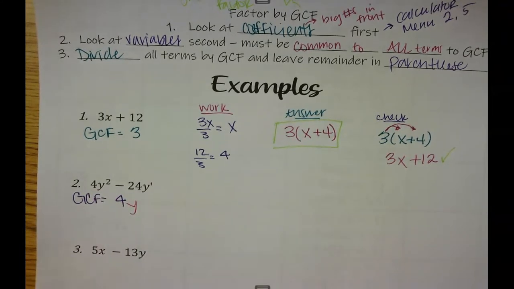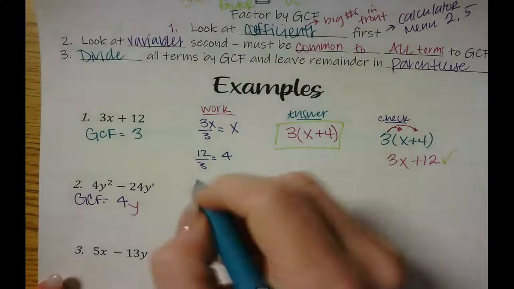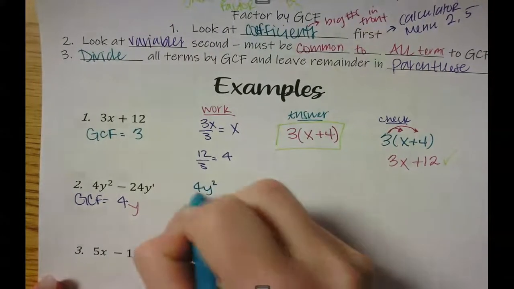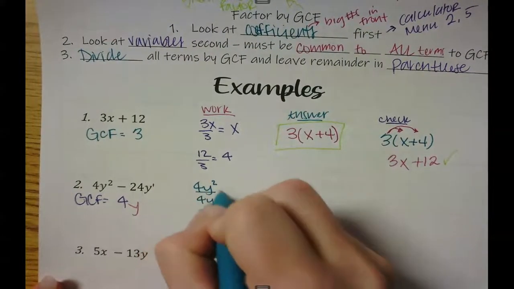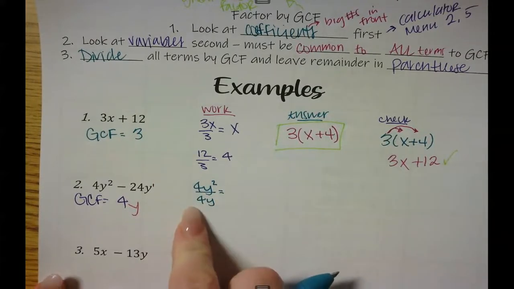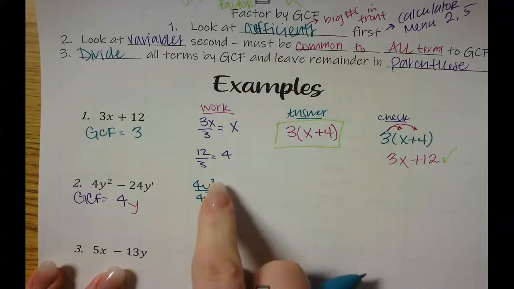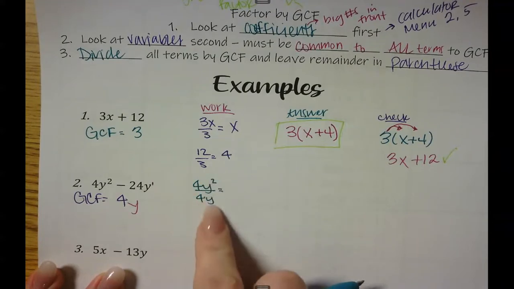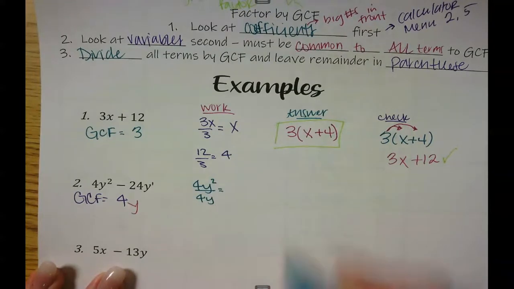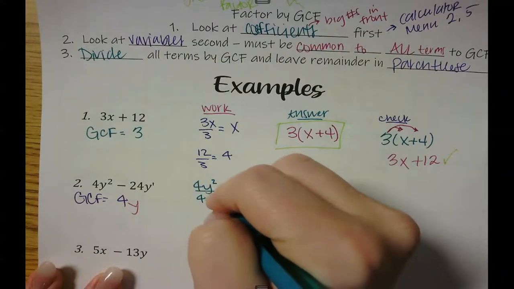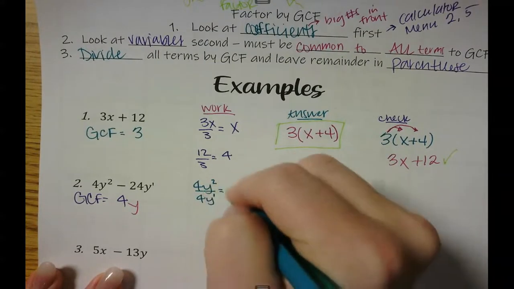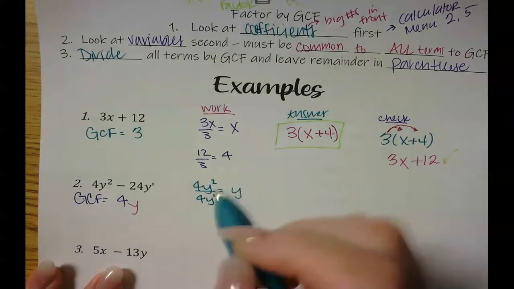All right, let's do the work. We got 4y squared divided by 4y. Remember, divide out those numbers. 4 divided by 4 is 1. Y squared over y, we subtract the little numbers, so 2 minus 1 just leaves me with y.